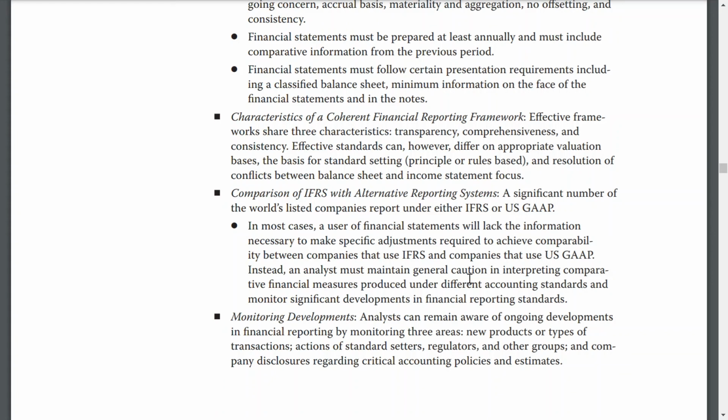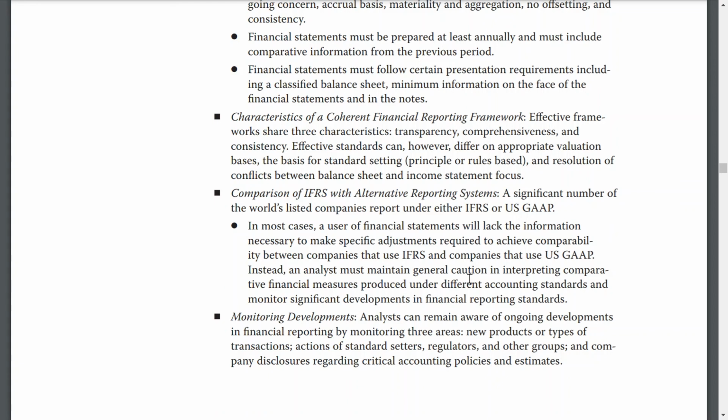In most cases, users of financial statements will lack the information necessary to make specific adjustments required to achieve comparability between companies that use IFRS and companies that use US GAAP. Instead, an analyst must maintain general caution in interpreting comparative financial measures produced under different accounting standards and monitor significant developments in financial reporting standards.